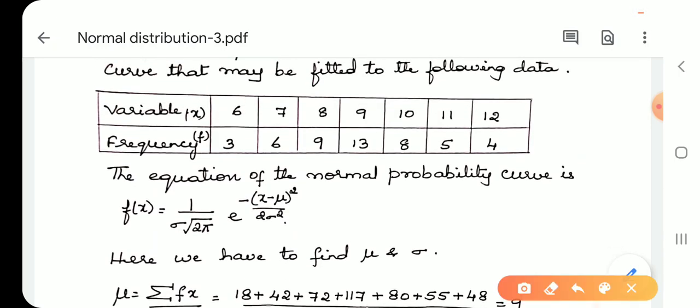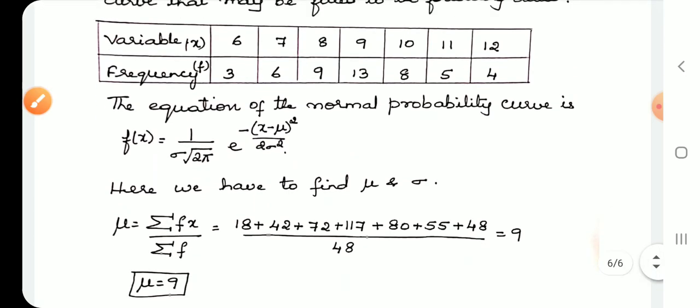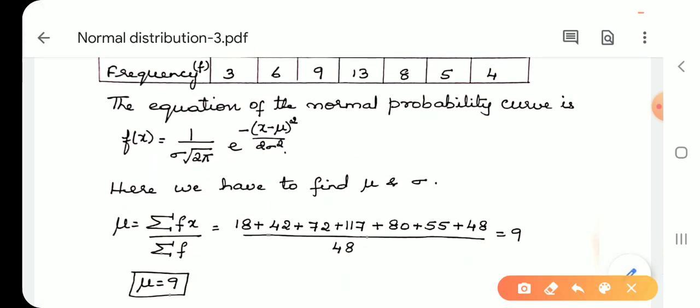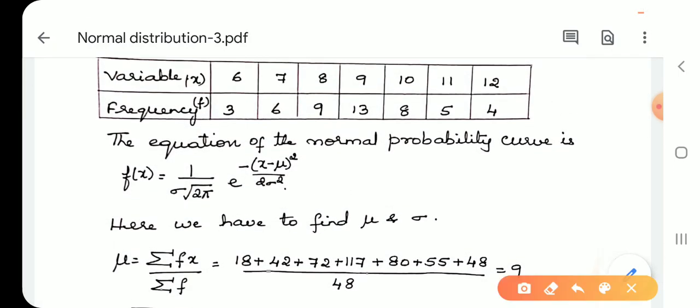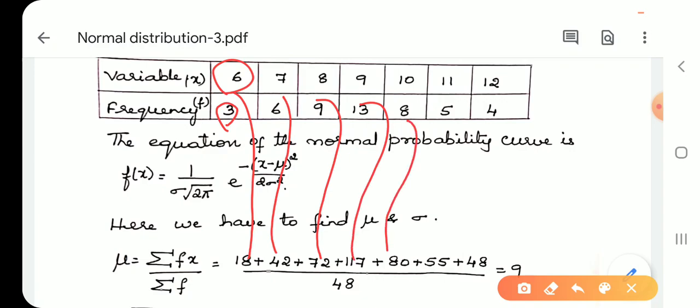So already we have learned this in our second PU classes. Mu is given by the formula sigma fx by sigma f. Sigma fx is nothing but the sum of the product of f into x. That is 6 threes are 18, 7 sixes are 42, 8 nines are 72, 13 nines are 117, 10 into 8 is 80, 11 into 5 is 55, 12 into 4 is 48.